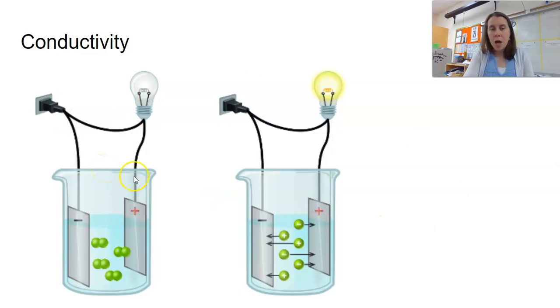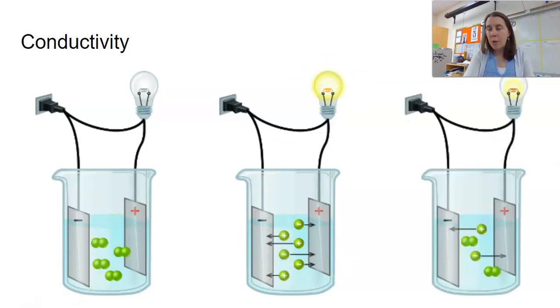All right, and then just to review what we talked about with conductivity, or what I said we'd come back to, non-electrolytes, if you were to hook up a light bulb with 2 electrodes, non-electrolytes can't transfer electricity from the one side to the other, and so the light bulb would not light up. All right, strong electrolytes have lots of ions there, and so they're capable of helping move that charge through the solution, and you'd get a pretty bright light bulb.